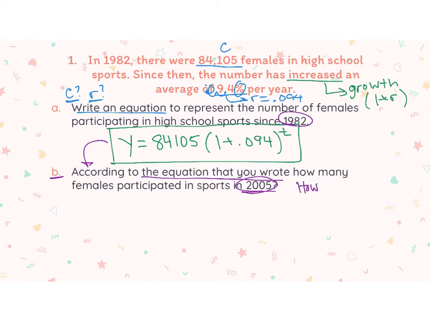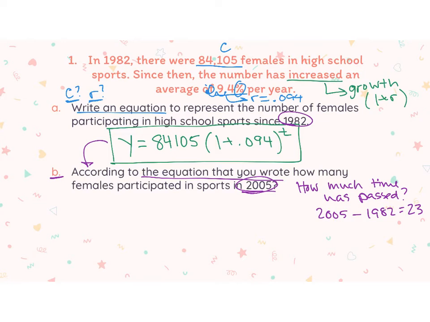So the way I figure that out is take 2005 minus 1982. If you don't have it out yet, go ahead and grab your calculator. I'm going to grab mine and do the subtraction here just because it makes my life a lot easier. So there have been 23 years that have passed from 1982 to 2005.